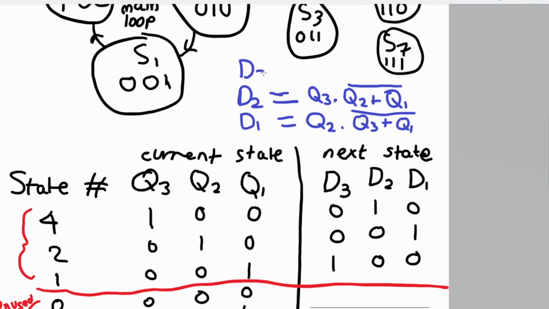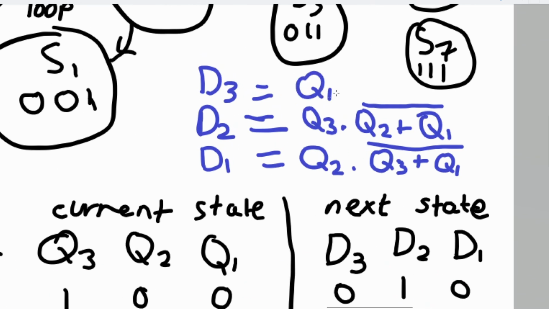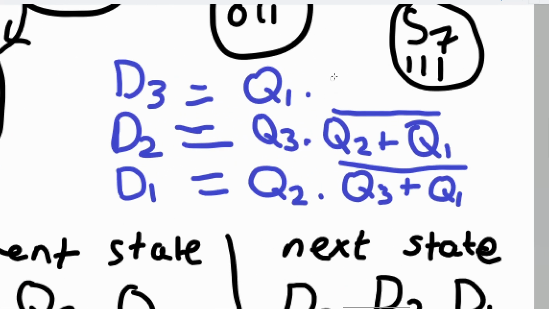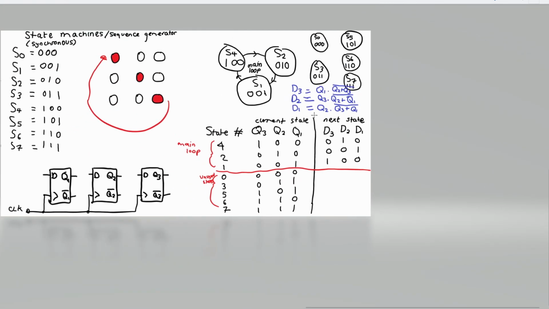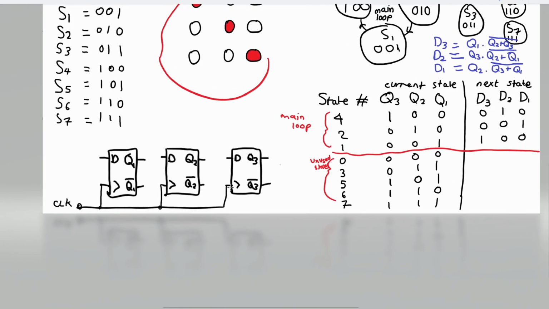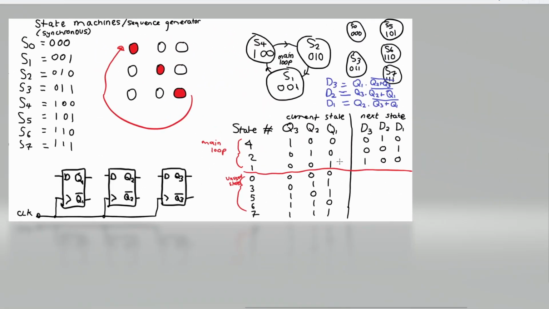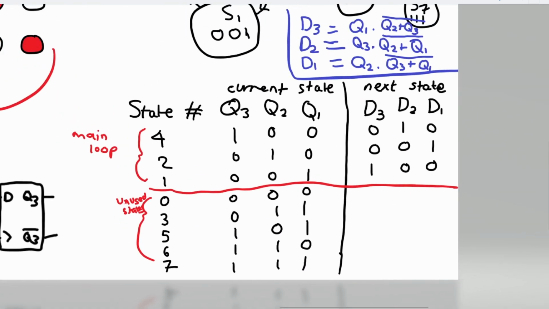And D3 is going to be Q1 and Q3 and Q2 nor together. So we have our logic there, and I could draw this on the circuit on here, but I'm not going to. What I'm going to do is apply this logic to the unused states and see where they end up.